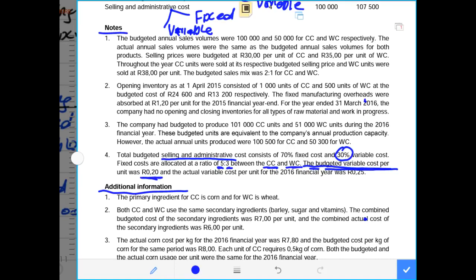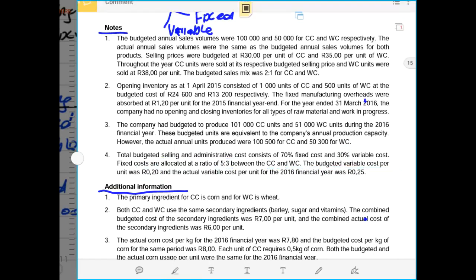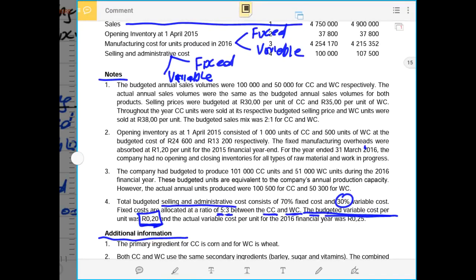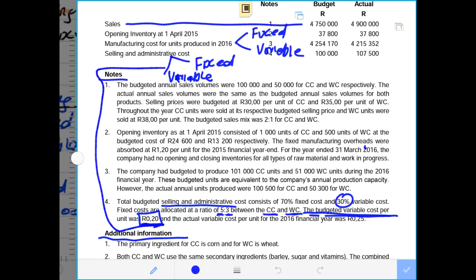And remember, variable cost per unit remains the same, meaning it is the same for both products, because this variable cost relates to selling and administration. Therefore, we'll be using the same 20 cents per unit. And remember, our selling and administration costs are related to the units that were sold. The company budgeted to sell that, and they actually sold the same number of units.